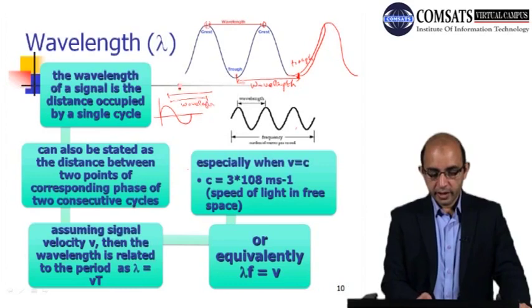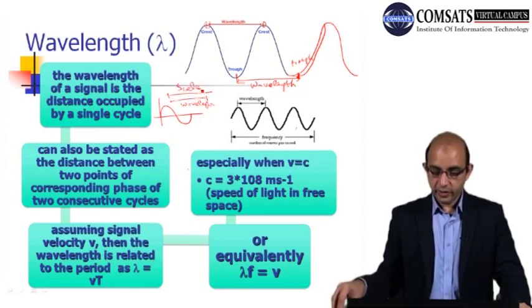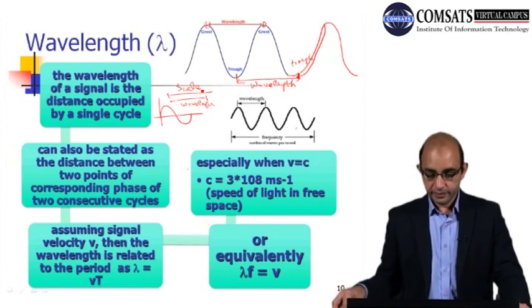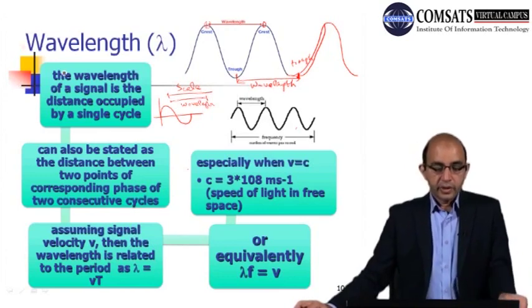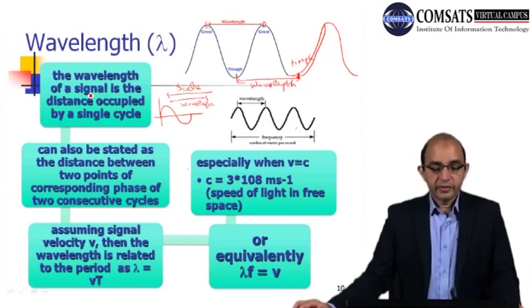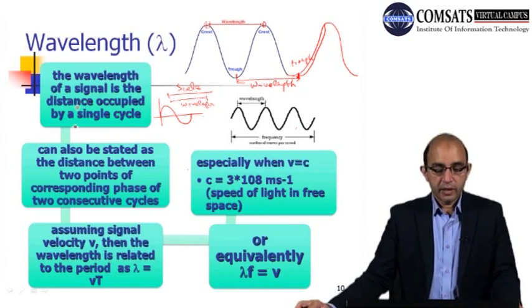This is the typical scale. So in words, the wavelength of a signal is the distance occupied by a single cycle. If I take this as a thread and measure its length with a scale, that will represent the wavelength.